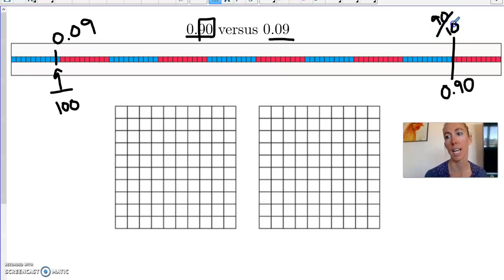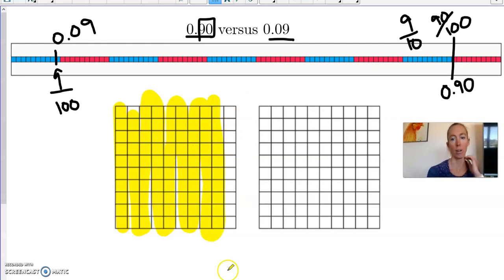And if you're thinking in tenths, is that just 1/10, 2 tenths, 3 tenths, 4 tenths? No, that's 9 tenths. So when I'm highlighting these guys, 9 tenths or 90 hundredths is almost this entire thing. It's almost the whole dollar. I would only need one more tenth or 10 more cents or 10 more hundredths to get to 1.